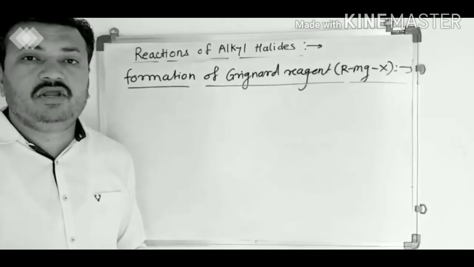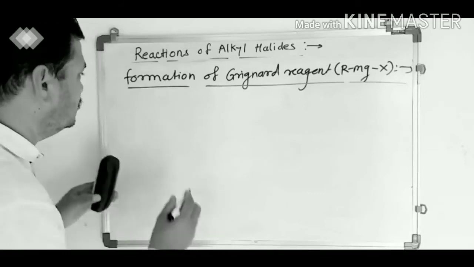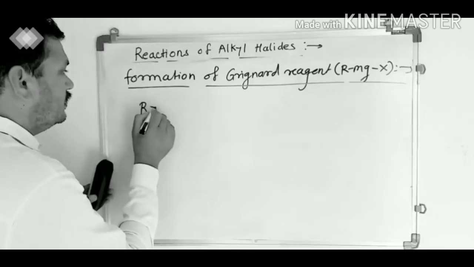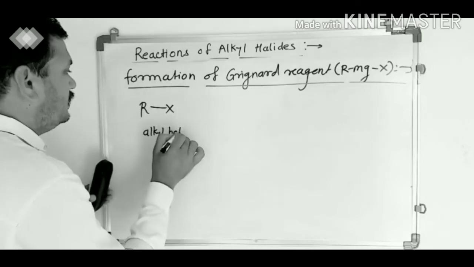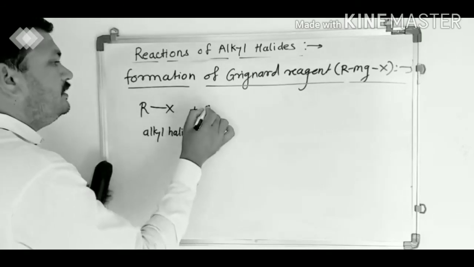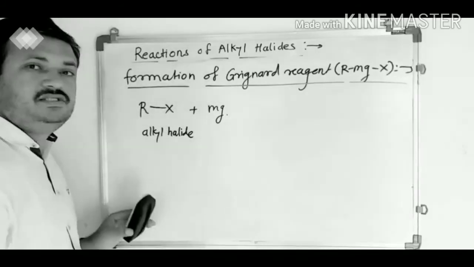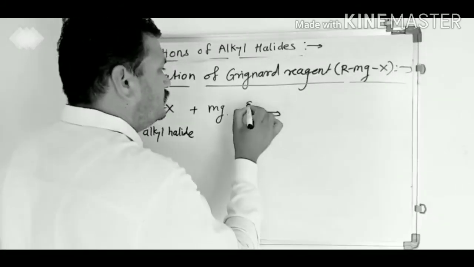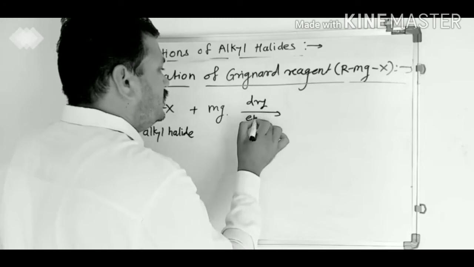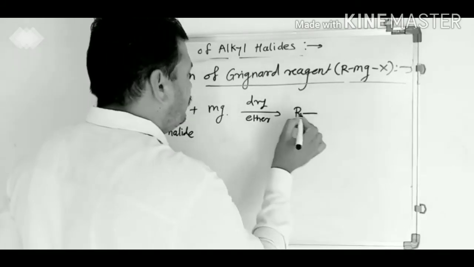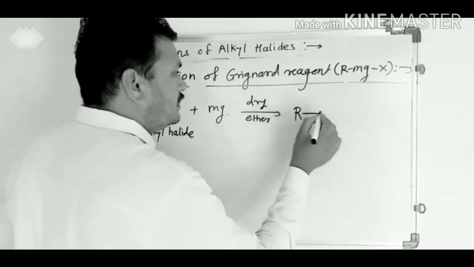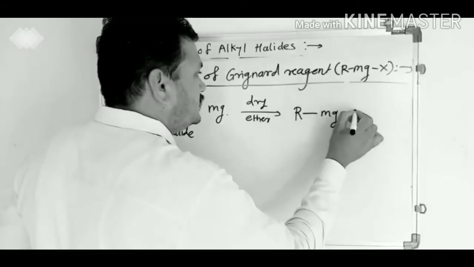Like this, when any alkyl halide RX is treated with magnesium metal in presence of dry ether as a solvent, formation of a bond between the carbon, that means the alkyl group, and magnesium takes place.